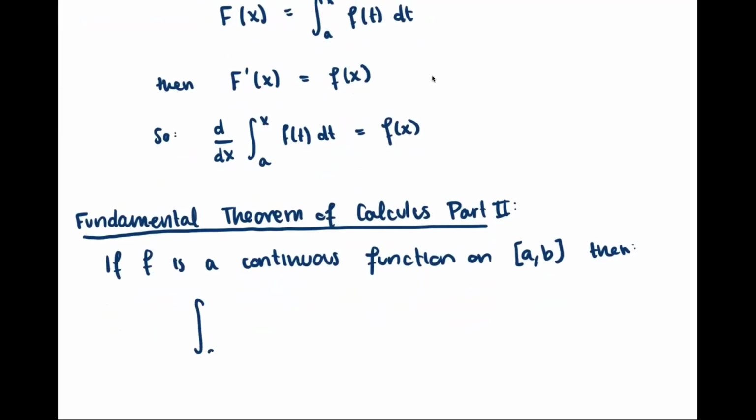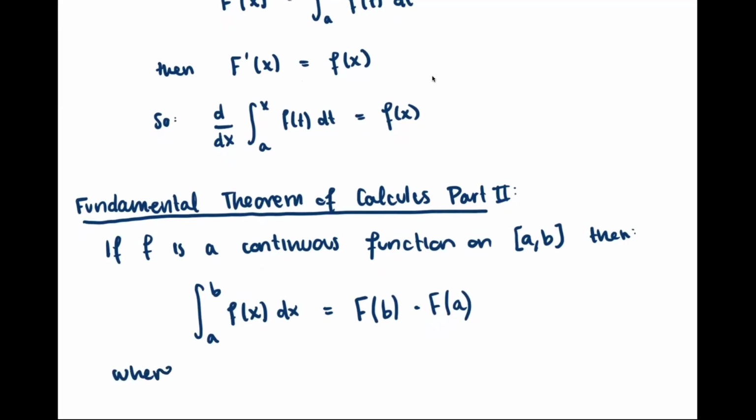It says the integral from a to b of f of x dx is equal to capital F of b minus capital F of a, where this capital F is any antiderivative of the function little f.